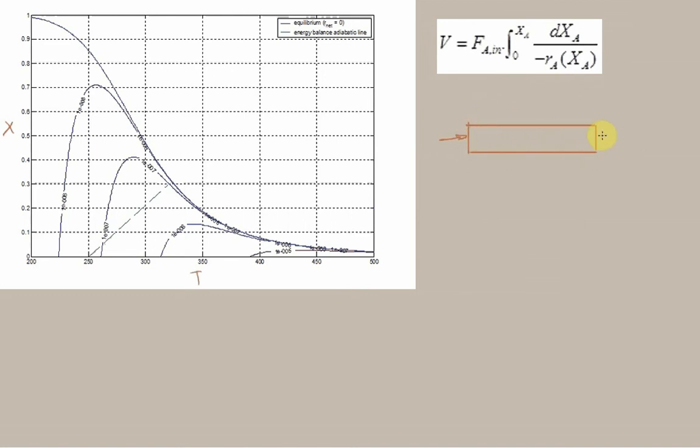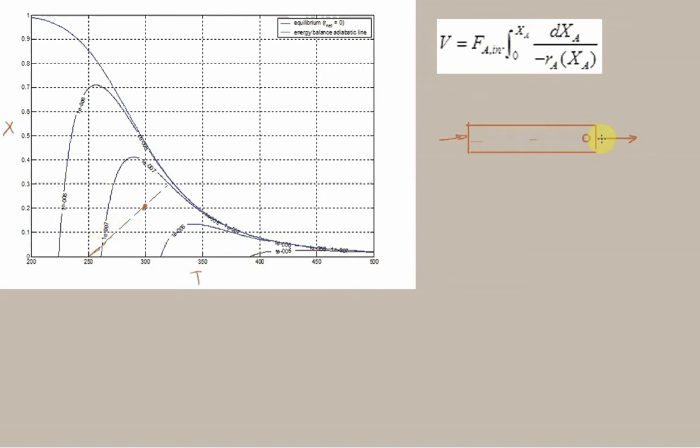In contrast with the CSTR case, where the whole reactor was operating at that one point, in the plug flow reactor we will have parts of the reactor where the temperature will have a value down here, and the temperature will be different here and here.